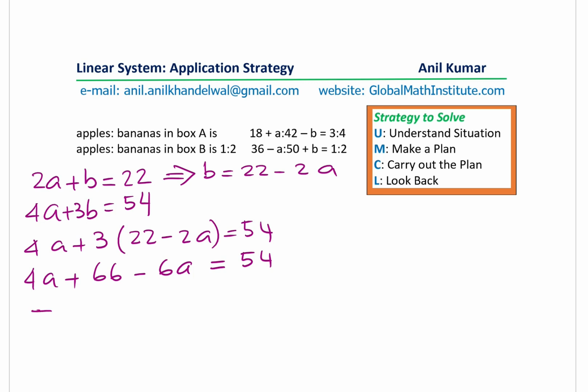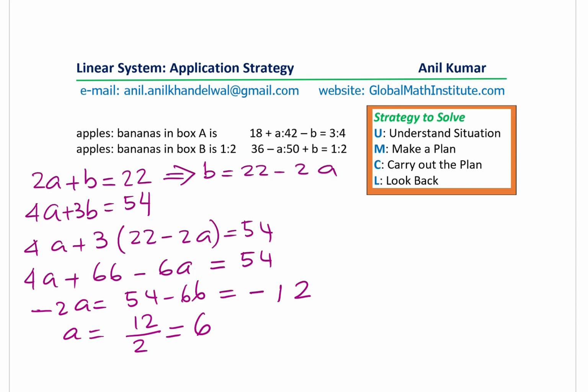And that gives you minus 2a equals 54 minus 66. Or let's write this as minus 2a, and this gives us 12. So the value of a is 12 over 2, which is 6. So we get the value of a as 6.